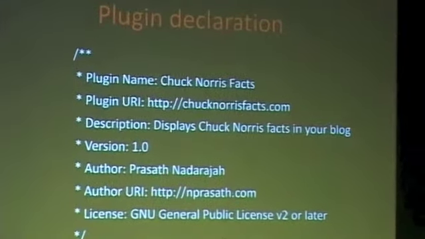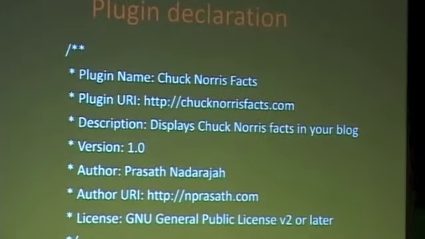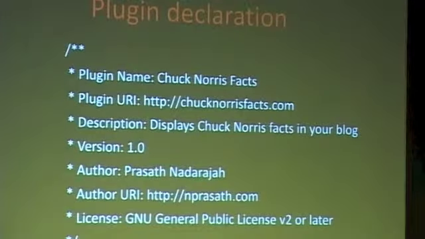Yeah. So I have my personal blog, and I like Chuck Norris very much. I want to display some Chuck Norris facts in the header of my blog or site. So the first thing I have to do is create a file called chucknorris.php. That's the initial point in creating a WordPress plugin.